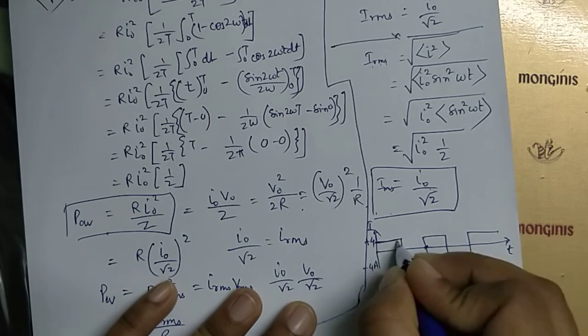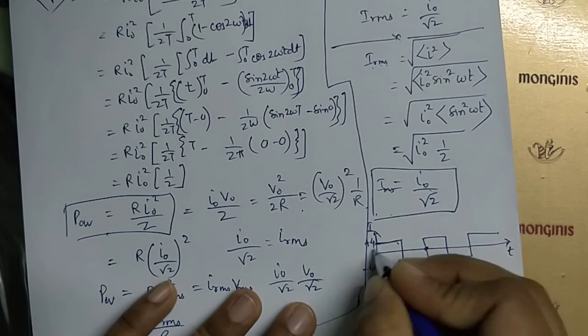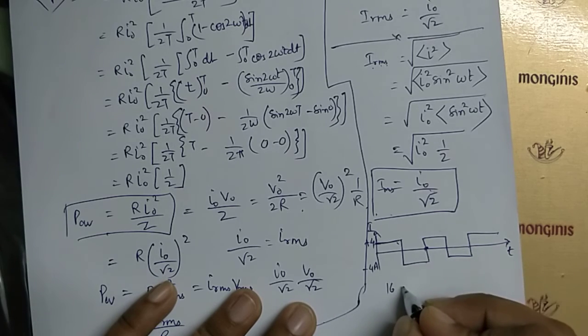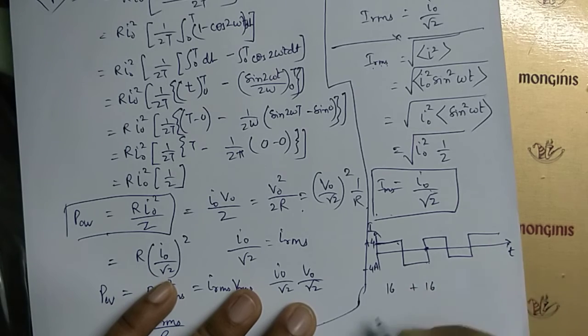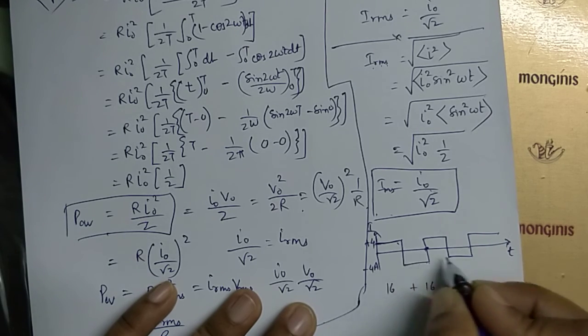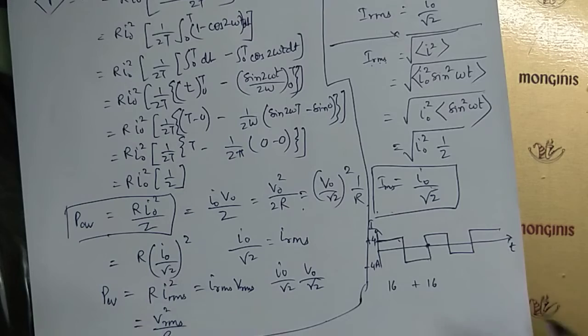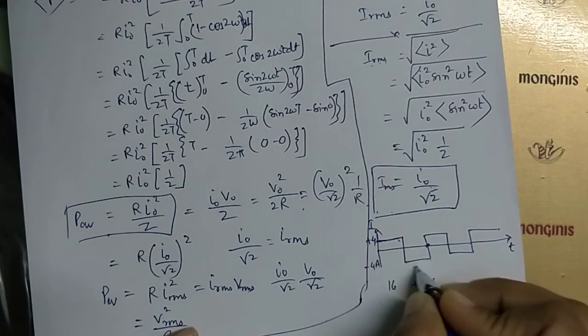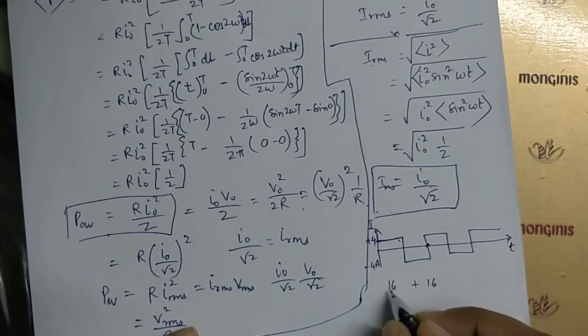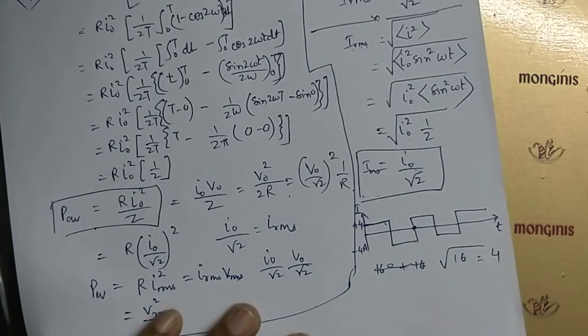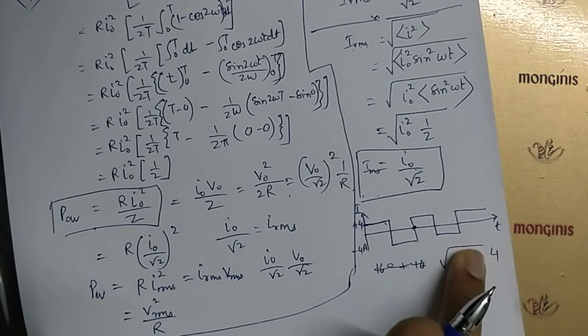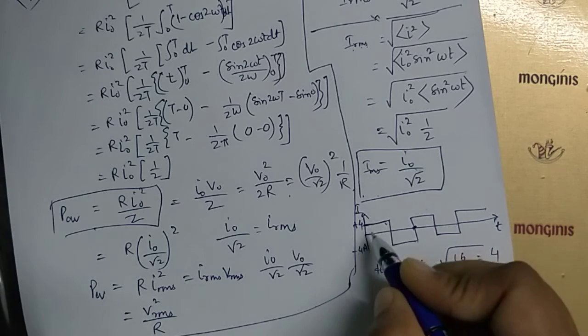From here to here it will be 16 because the square of 4 is 16, and the square of minus 4, from here to here, will again be plus 16. So the value is the same throughout. When you take the average it will be 16, and the square root of 16 will be just 4. So here 4 ampere is the root mean square value.